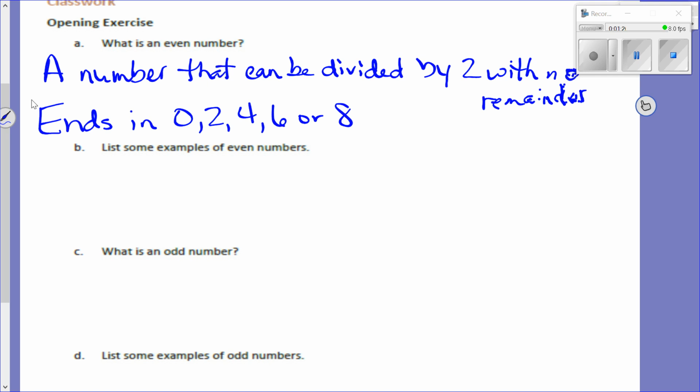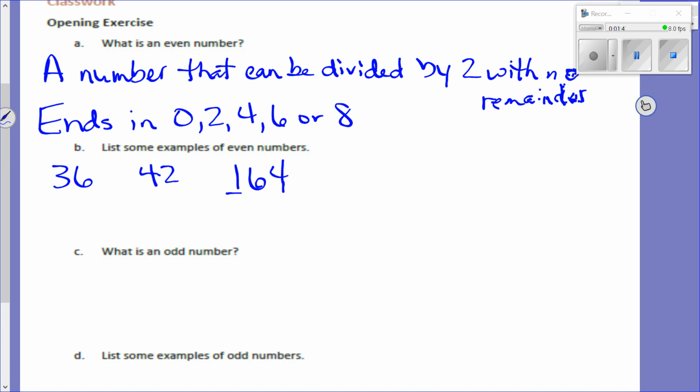Everybody good with that? So what are some examples of even numbers? Allie? 36, good. Give me another one. 42. What about a bigger one? Michael? 164. So even though it starts with an odd number, that is really irrelevant.